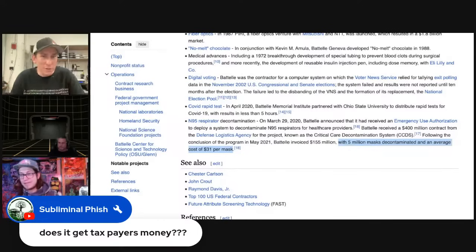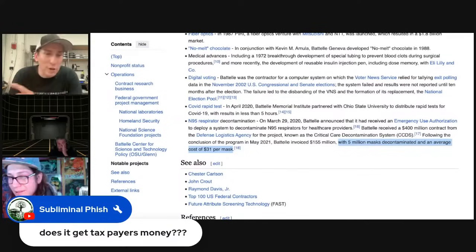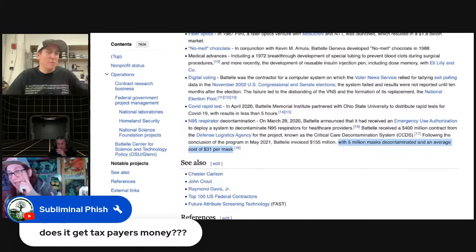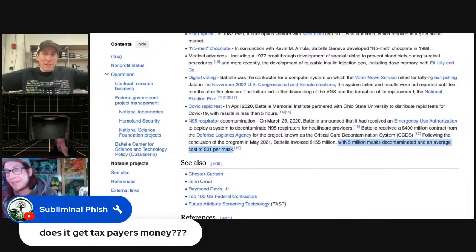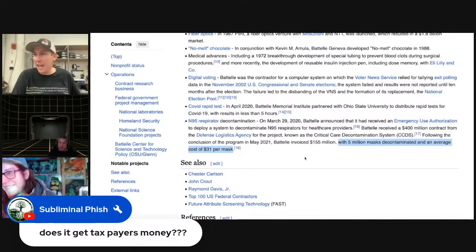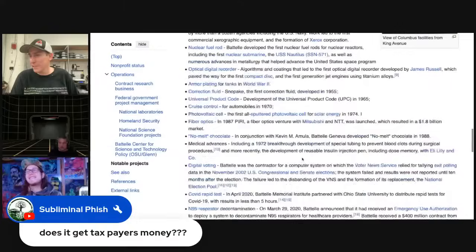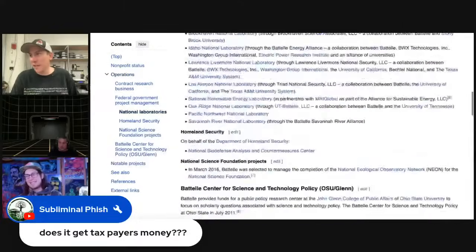We paid Battelle to recycle and decontaminate masks. Now the masks they decontaminated contain these fibers that gave everybody cancer and messed up their lungs. And we spent $31 per mask. They could have just bought a new mask for like 10 or 15 bucks. Government idiots. The spending is just so ridiculous and stupid.